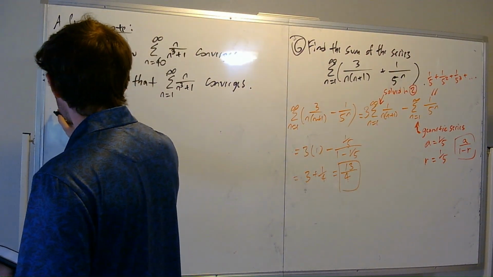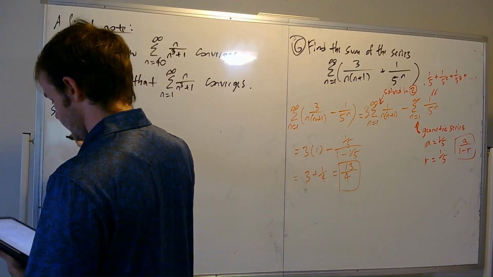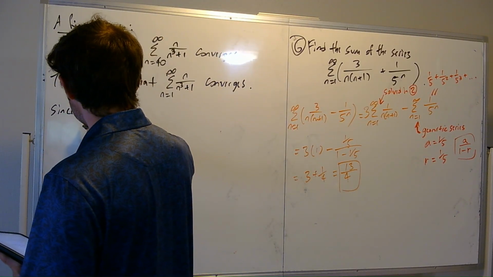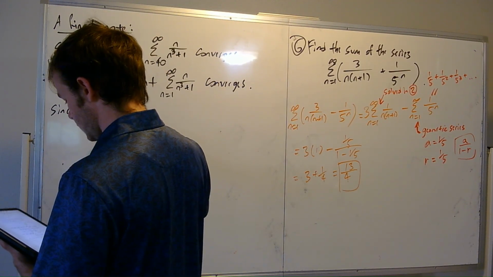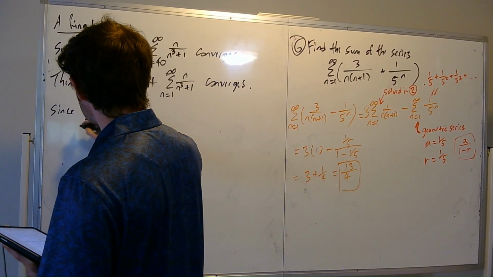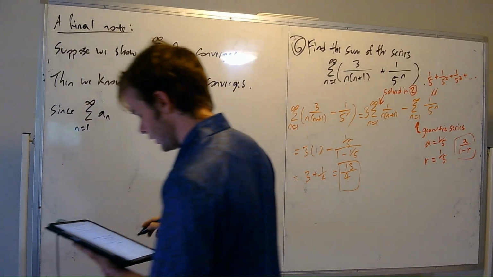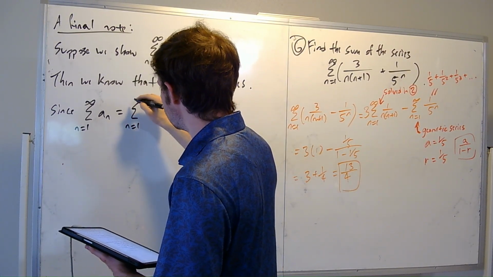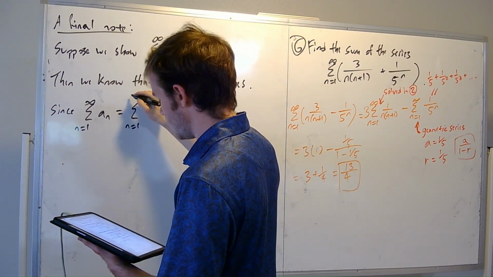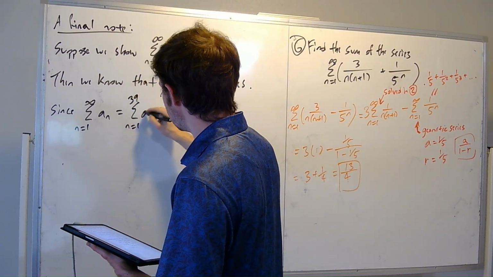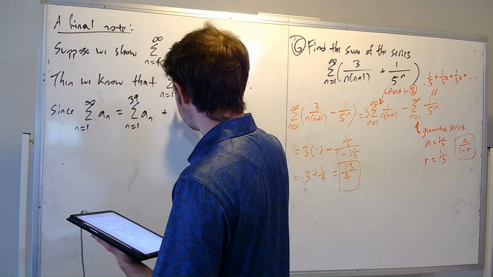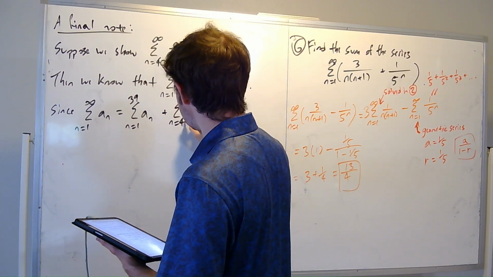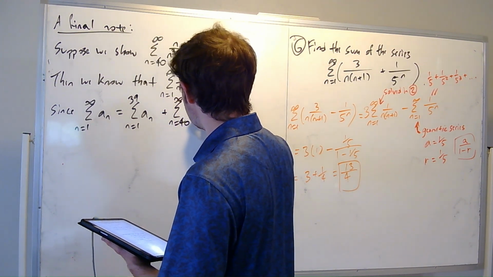So this converges since the sum from n equals 1 to infinity of an equals the sum from n equals 1 to 39 of an plus the sum from n equals 40 to infinity of an.